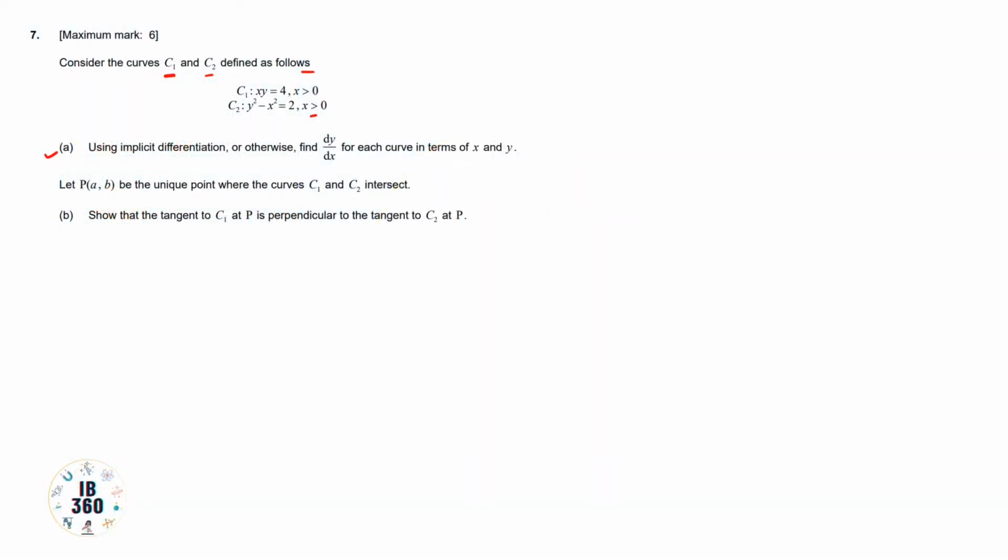So for the first thing, C1 is xy equals 4 where x is greater than 0. Now we will differentiate both sides because it is implicit differentiation. So d/dx of xy equals d/dx of 4.